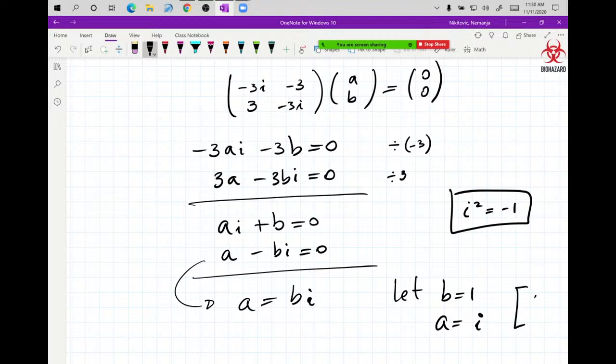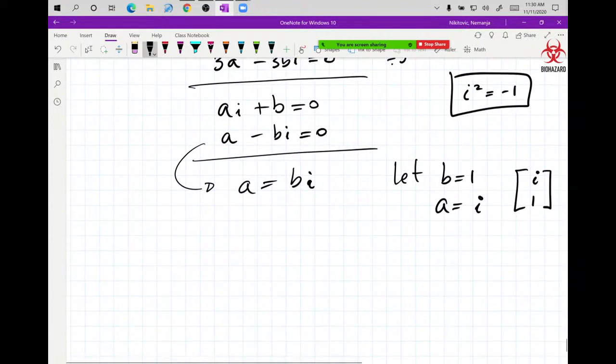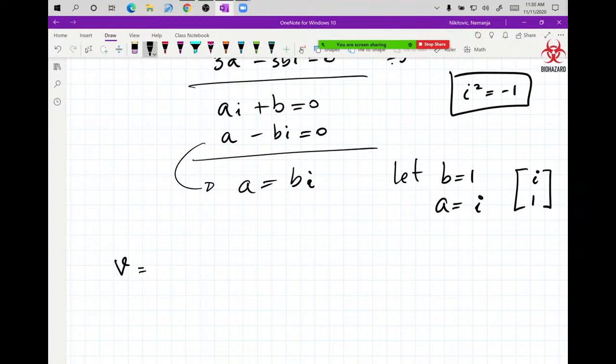And that creates my eigenvector i and 1. So now, if my eigenvector v is i and 1, I can write that as a real plus the complex as a vector.